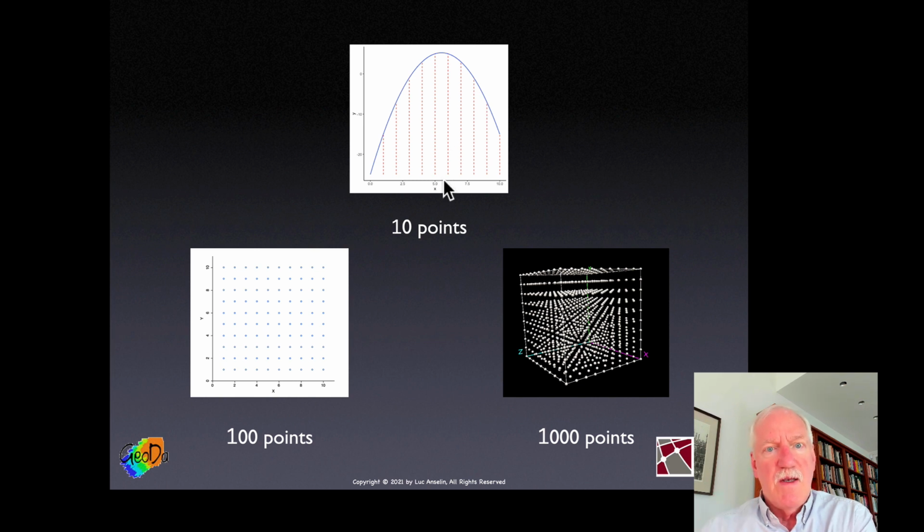Now let's extend this principle to 2 dimensions. And here we are. 1 dimension, 2nd dimension. Again, 10 equally spaced points in each dimension. But now we already have 100 points. In 3 dimensions, we have 1,000 points. And so it goes on. So very quickly, this becomes impractical in high dimensions.